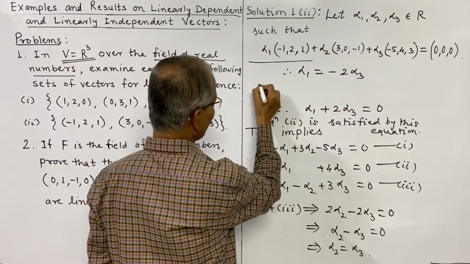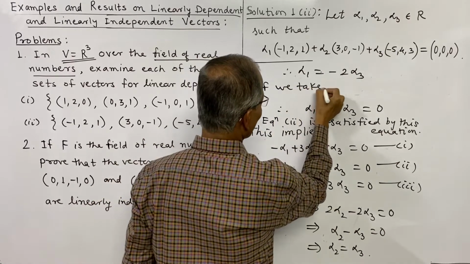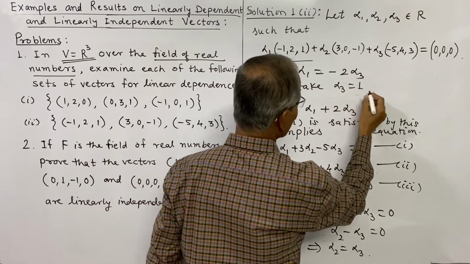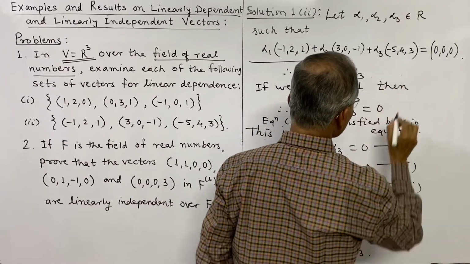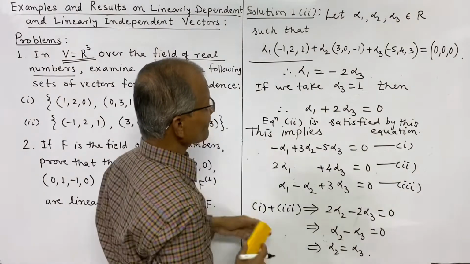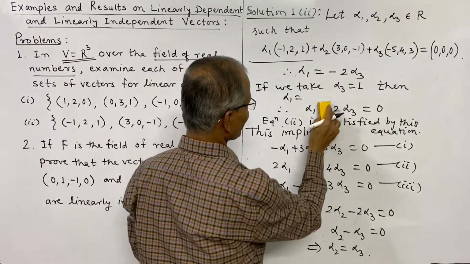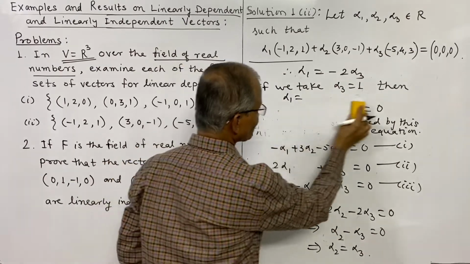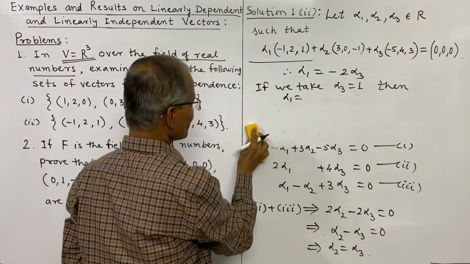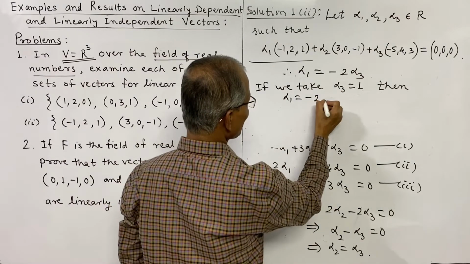So if we take alpha 3 is equal to 1, then what about alpha 1? Alpha 1 is minus 2 alpha 3, so alpha 1 is equal to minus 2.